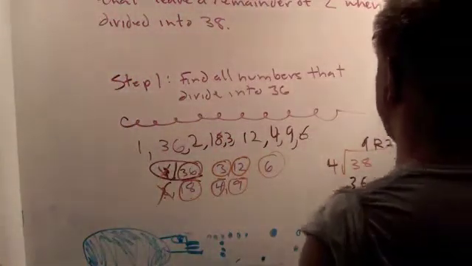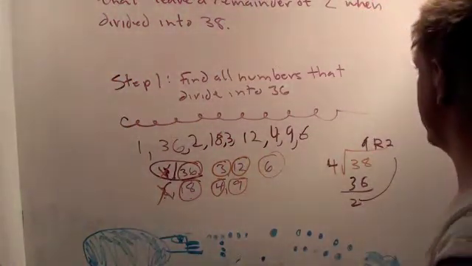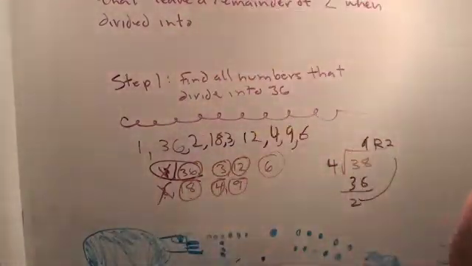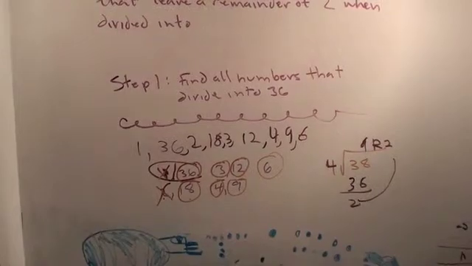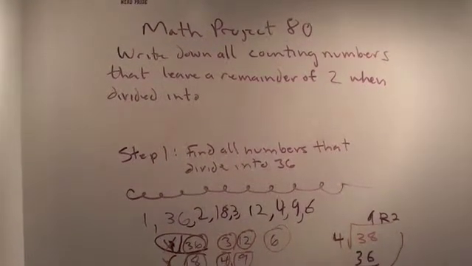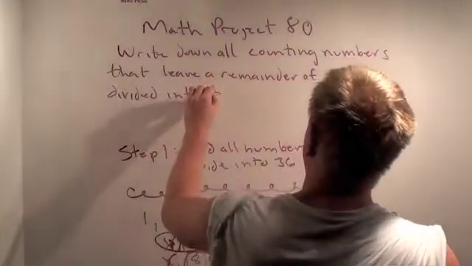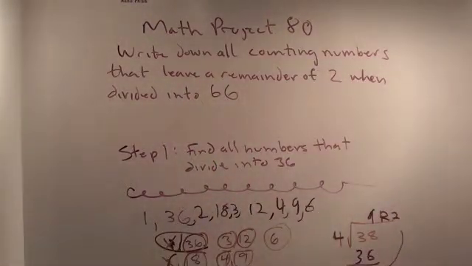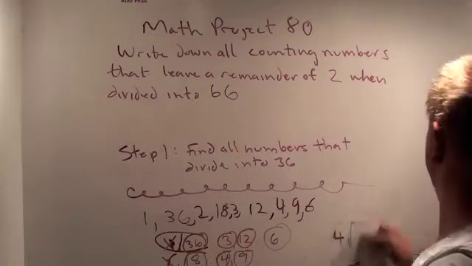Now, I think we have enough time. We're going to do all the numbers that leave a remainder 2 when divided into 66, just for a little extra practice. Okay? Write all the counting numbers that leave a remainder of 2 when divided into 66. So what's the first step going to be?